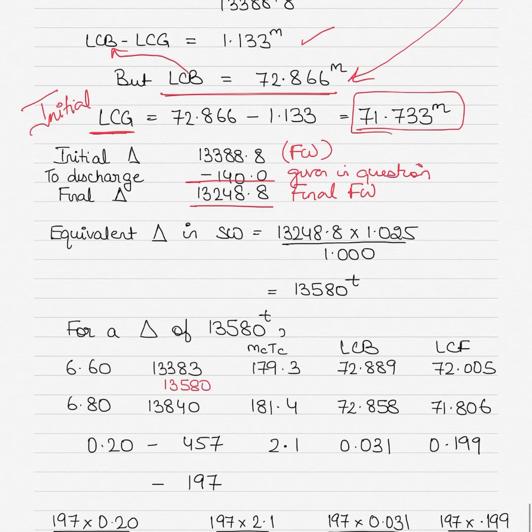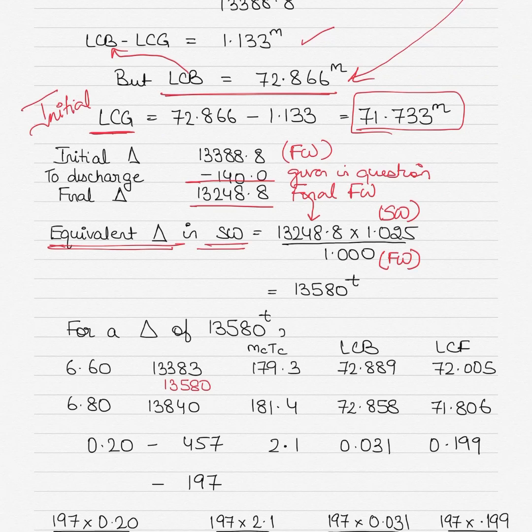Now you have to go back into the hydrostatic tables, and for that you need the equivalent seawater displacement. To find the equivalent displacement in seawater, you do the opposite of what you did before. Because this displacement is in freshwater, you will take this displacement, multiply by the seawater density and divide by the freshwater density.